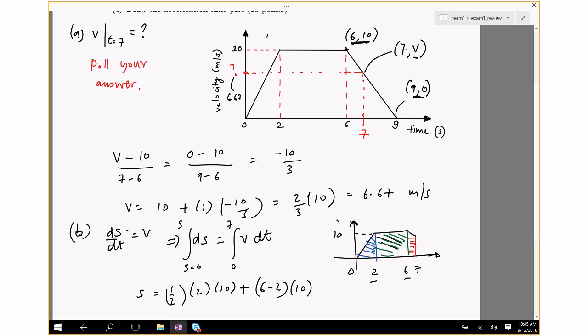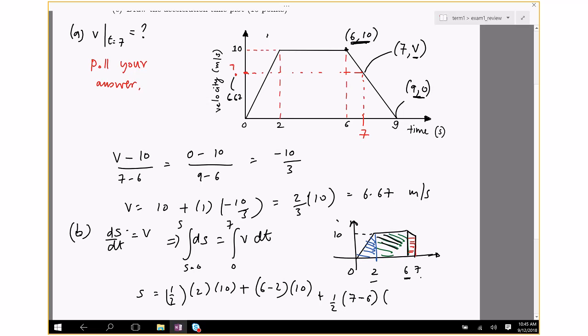And for the third part, I have a trapezoid. You could break down a trapezoid, the red part, into a triangle and a rectangle and find the area, but if you knew the trapezoid formula, it's much easier. The formula for the area of a trapezoid is half times the base, which is 7 minus 6, times the sum of the heights.